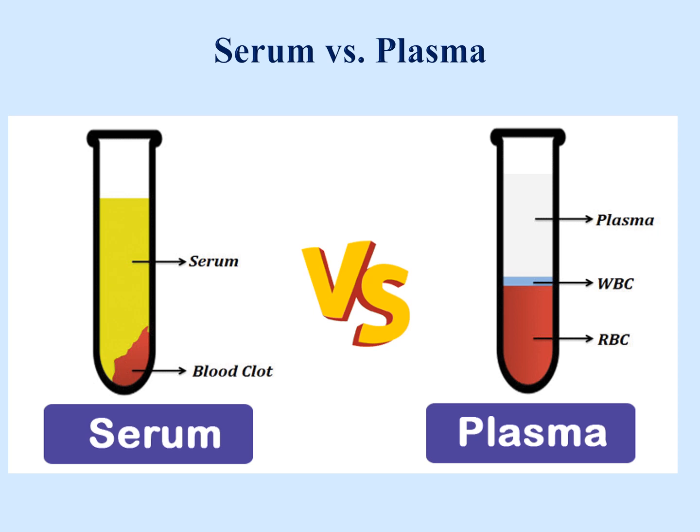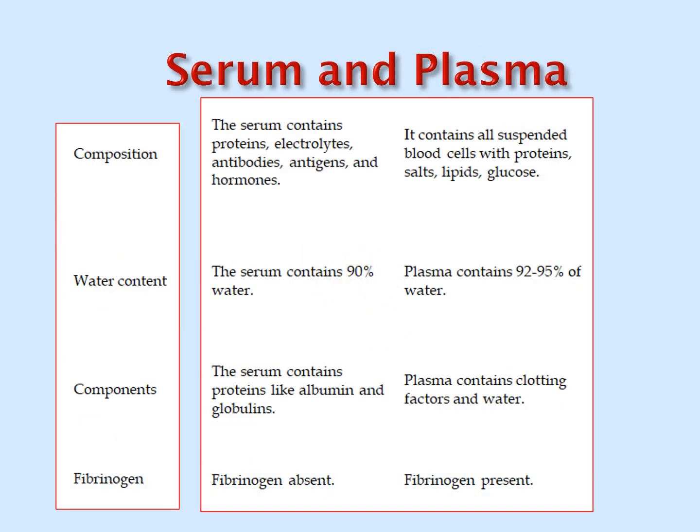Really, there is a difference between serum and plasma, and we can find approximately 15 differences between these two liquids, maybe more, but first of all, I want to say in chemical composition, in serum we can find proteins, electrolytes, antibodies, antigens, and hormones.